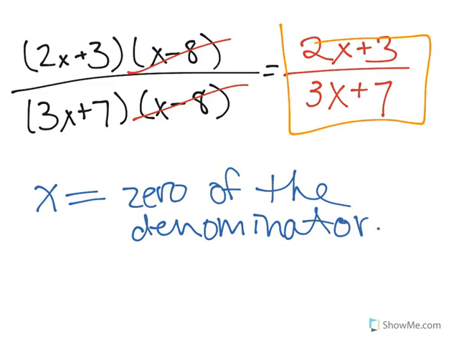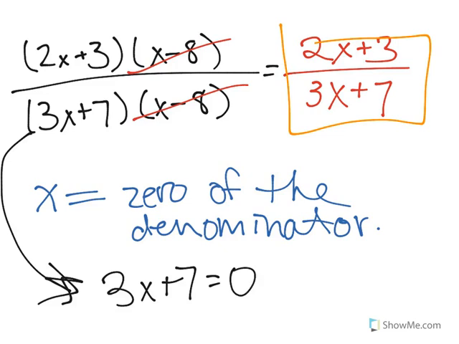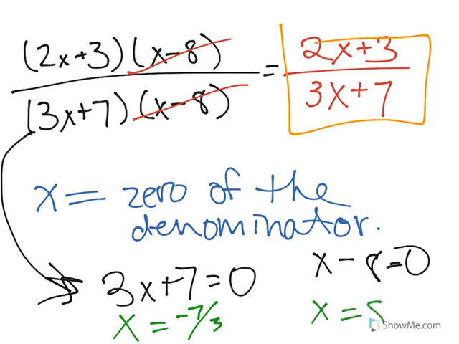So we want to state in our domain that those x's are impossible or undefined in this case. So the zeros of our denominator are when 3x plus 7 is equal to 0, and when x minus 8 is equal to 0. And so here we find that x is equal to negative 7 over 3 and x is equal to 8.